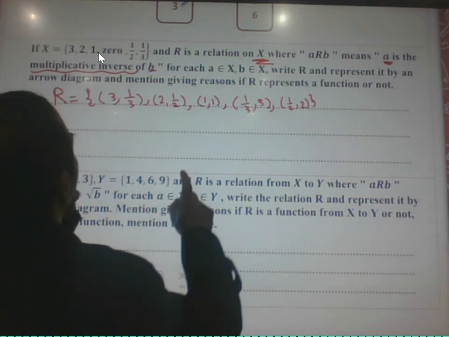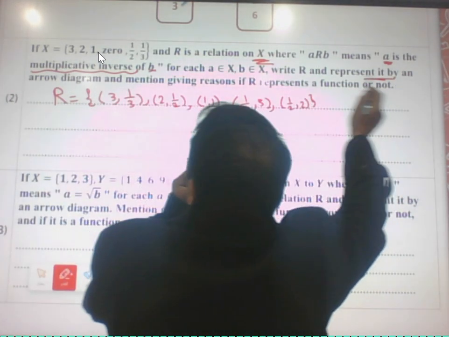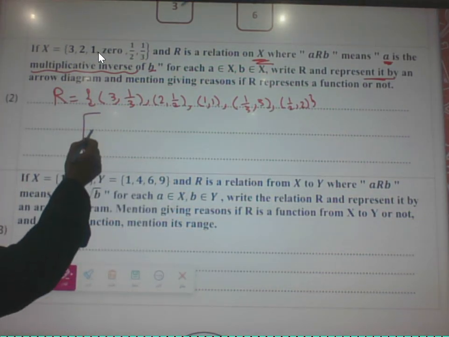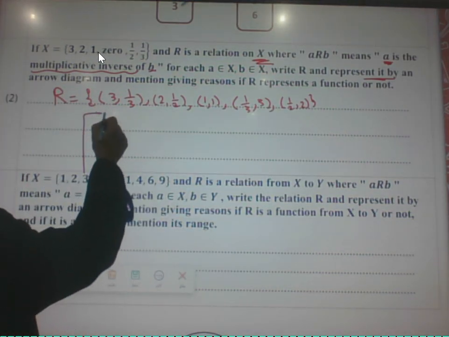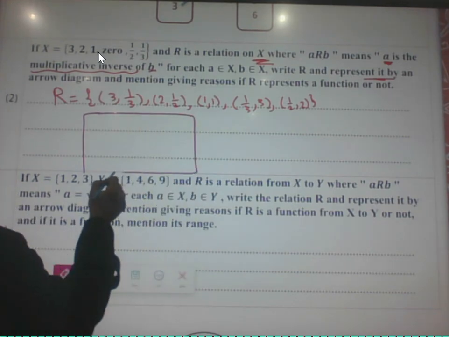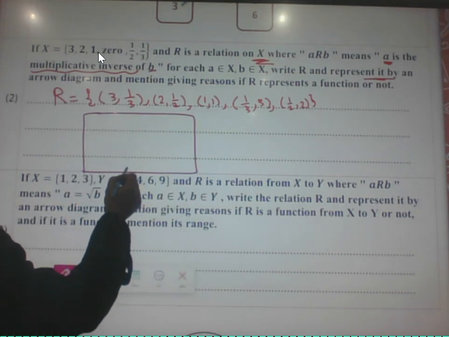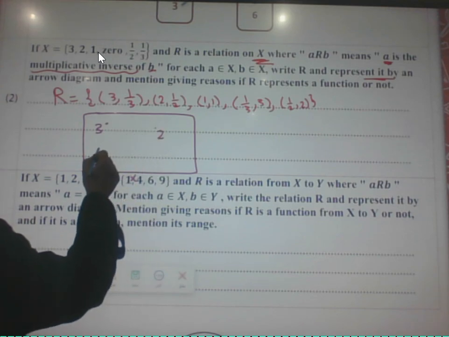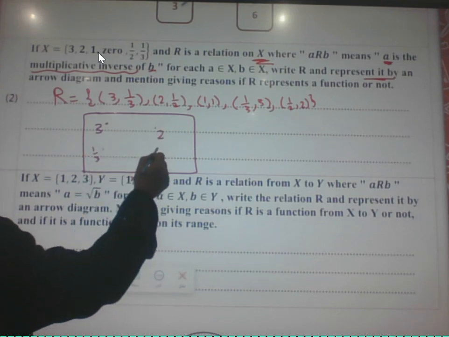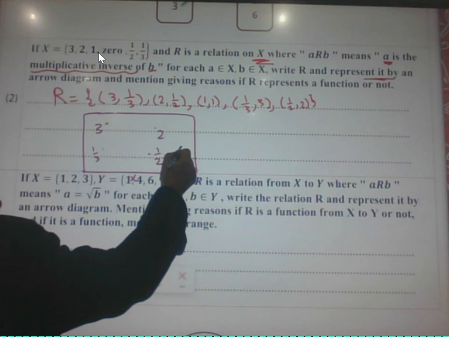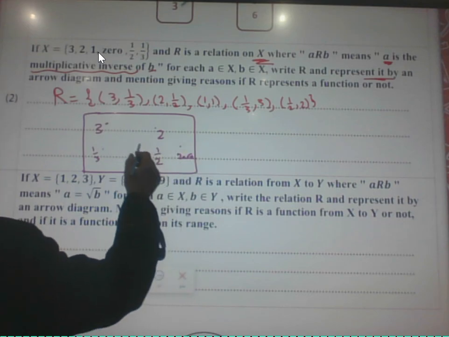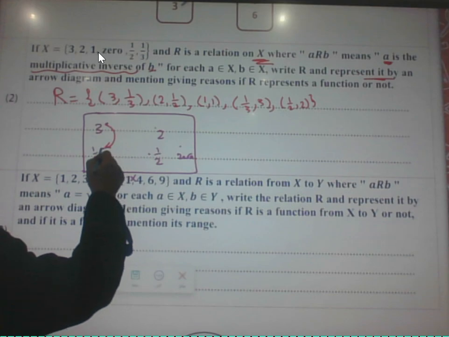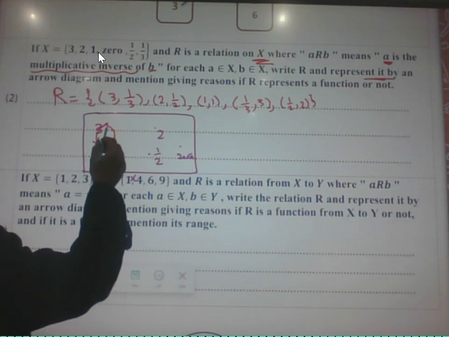Then he wants us to represent it by an arrow diagram. We can represent this relation by an arrow diagram. We have one set here, x, then we write the elements inside it: 3, 2, third, half, and 0.